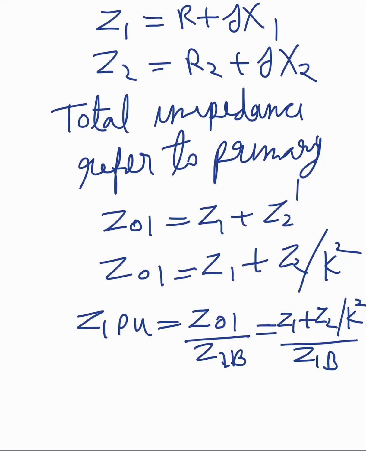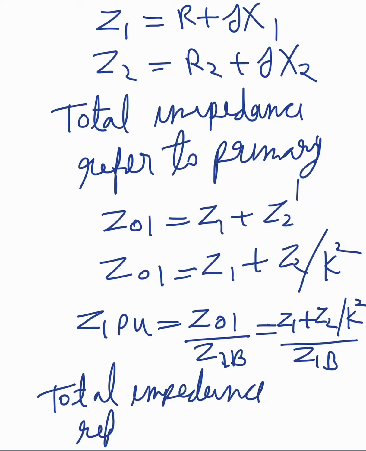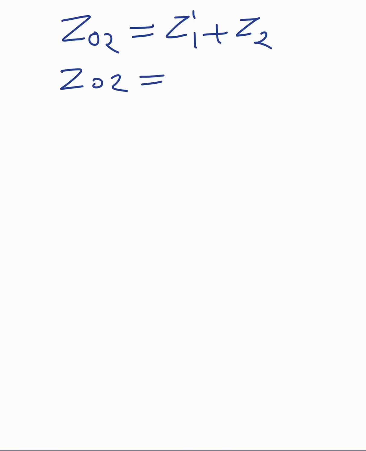So total impedance referred to secondary, Z02, is equal to Z1 dash plus Z2, and Z02 is equal to K square Z1 plus Z2.